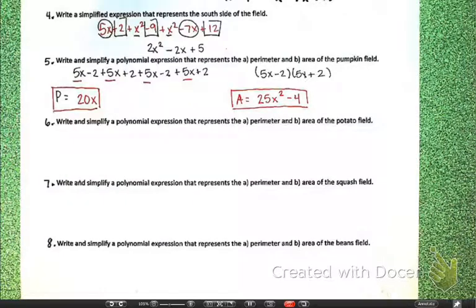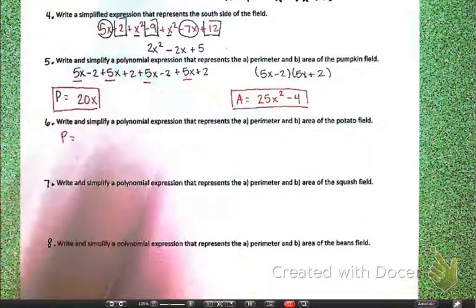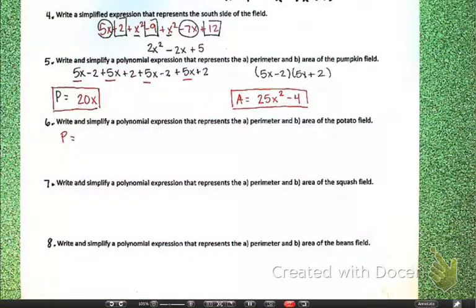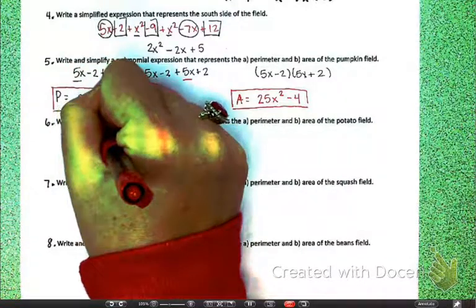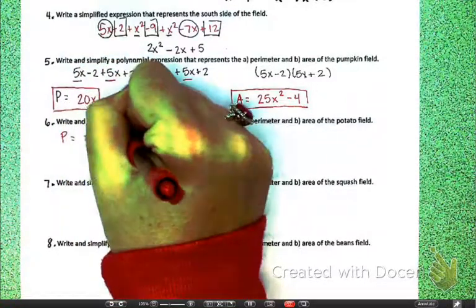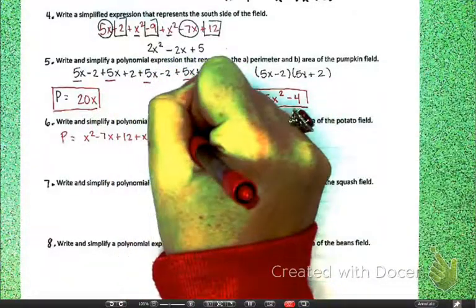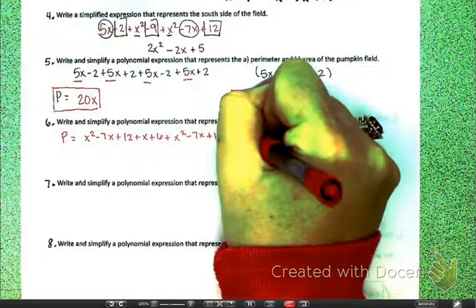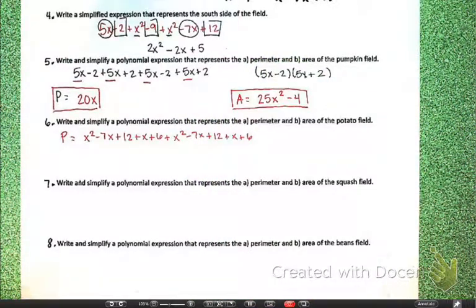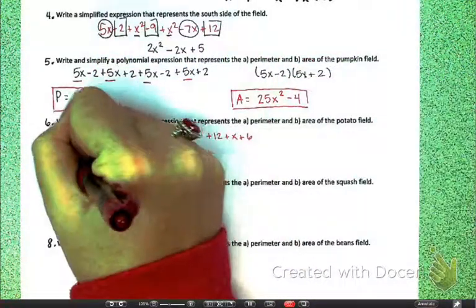So number 6, if I want the perimeter of the potato field, we would have an x squared minus 7x plus 12 plus an x plus 6 plus x squared minus 7x plus 12 plus x plus 6. It's a lot. So x squared and x squared is a 2x squared.